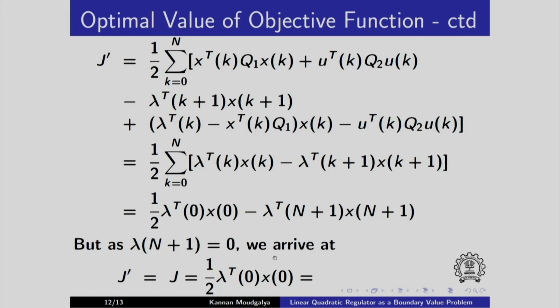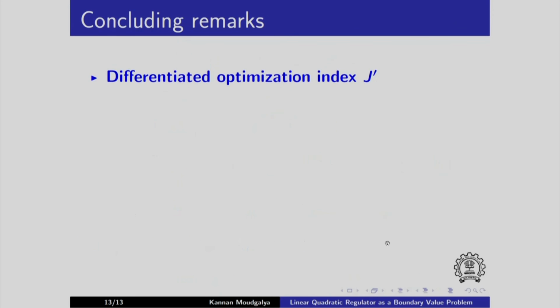That means even when we start our control law application using LQR, we know exactly the best optimal index that we can arrive at, which is nothing but this. And in terms of lambda, recall that we called lambda as S into x. In fact, we anticipated and we found that to be correct. So this is the optimal index.